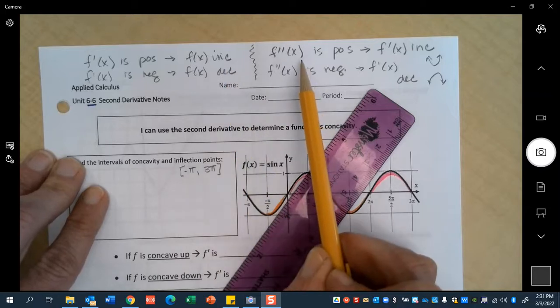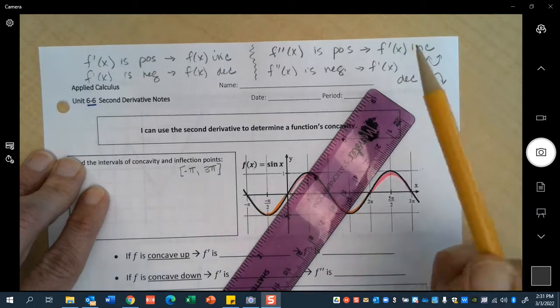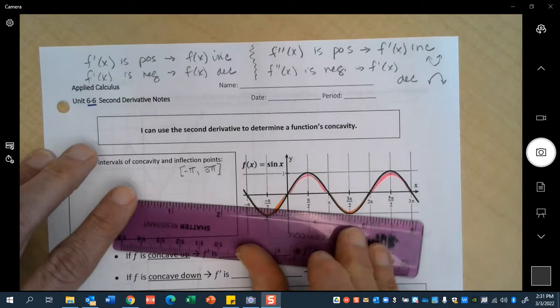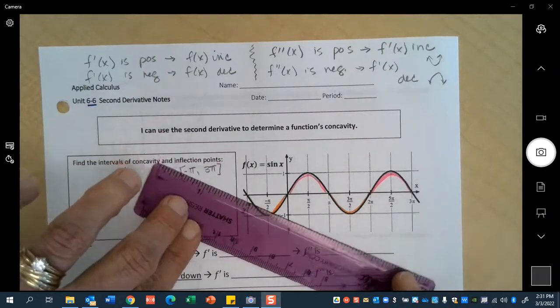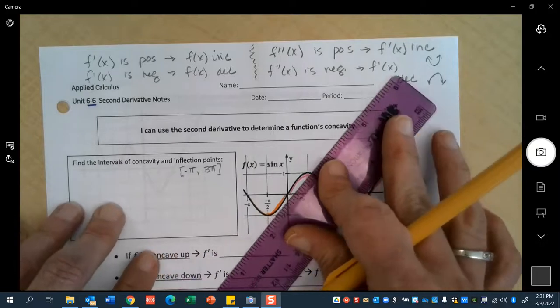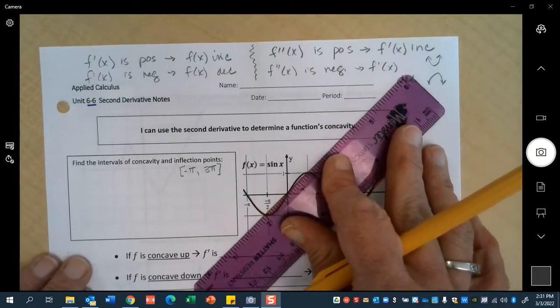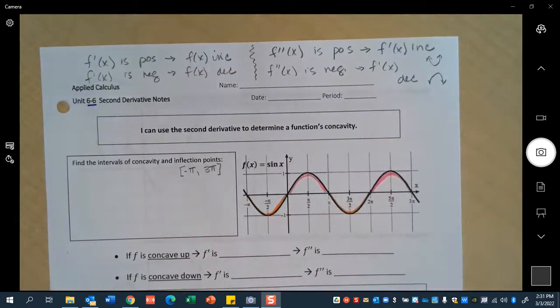With my second derivative, I ask: is the rate of change positive or negative? And if I'm moving from a negative to a positive, and then I stop increasing but start decreasing, that's what affects my concavity.